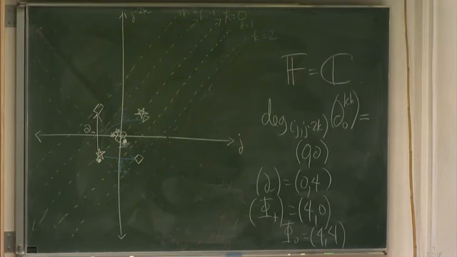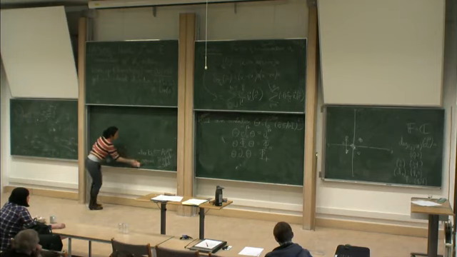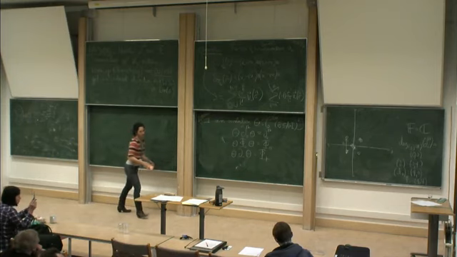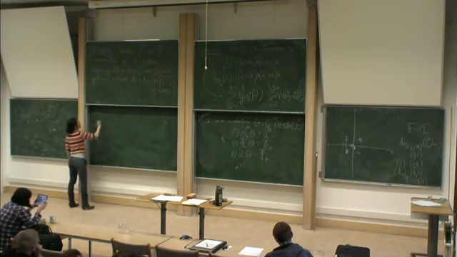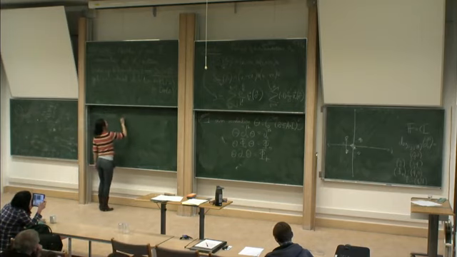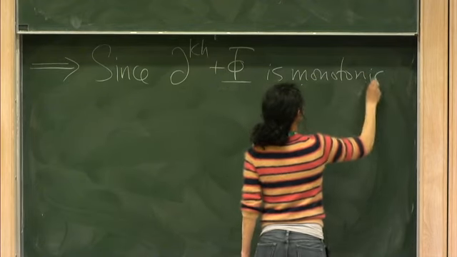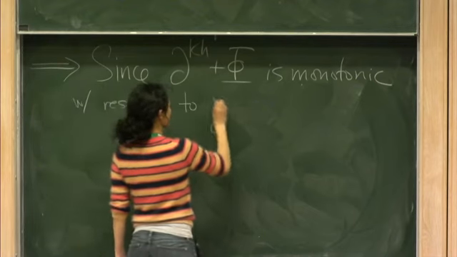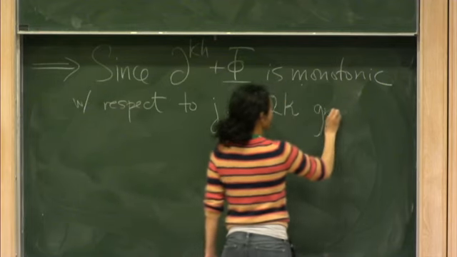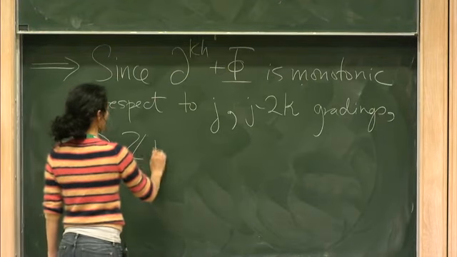So what this suggests, if one is familiar with the epsilon invariant in Heegaard Floer homology: since this Lee differential is monotonic with respect to these two linearly independent gradings, it has the structure of a Z plus Z filtered complex.